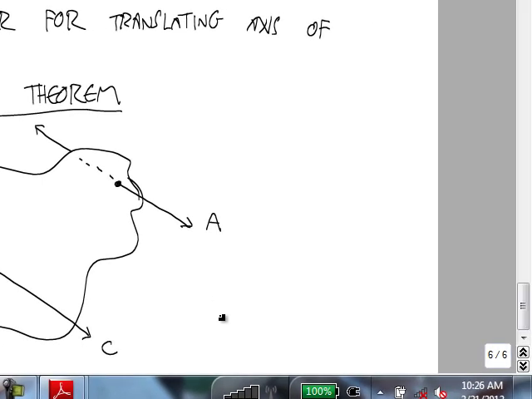Okay, so let the axis C be parallel to A, and C passes through the center of mass.